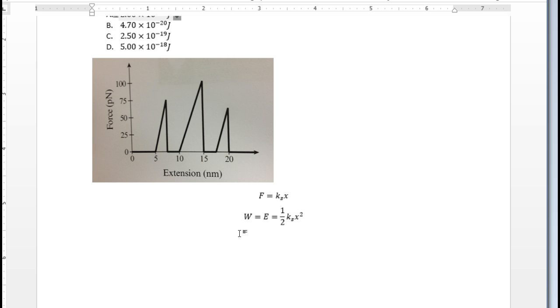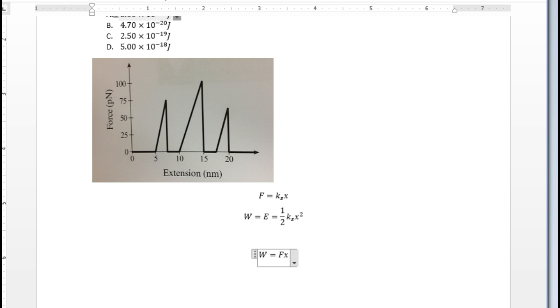And what we have here is a question of how much work was done in going from 10 nanometers to 15 nanometers, right? Well, what is work? I know for the spring, work is 1/2 kx squared, but in general, work is force times distance, right?